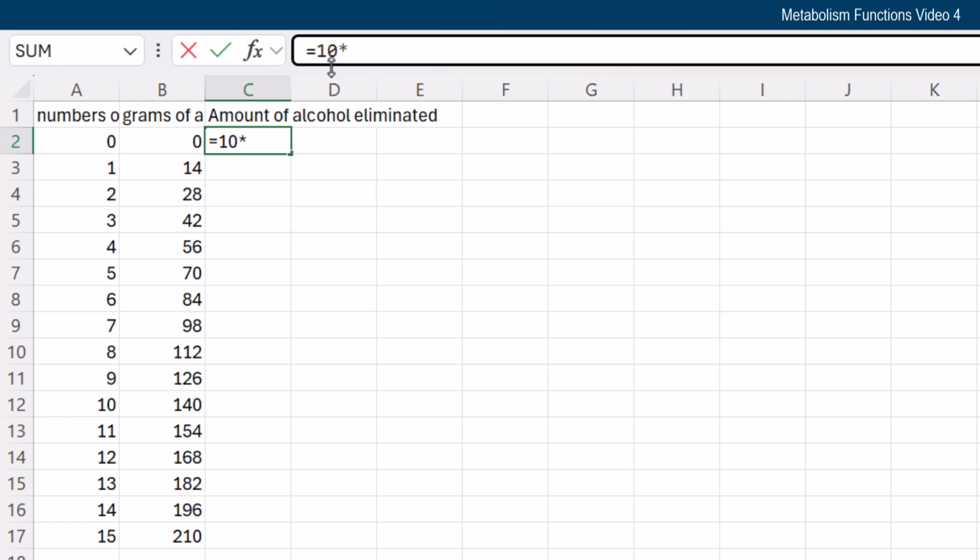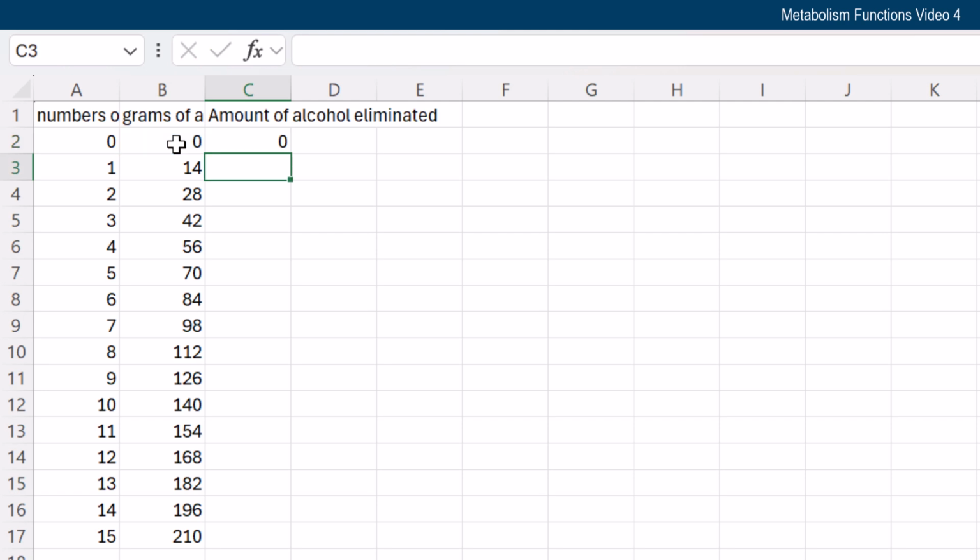So equals 10 multiplication symbol times our A value, which is the number of grams, divided by, open parenthesis, 4.2 plus, again, we're going to click on the number of grams because our denominator is 4.2 plus A. And then we're going to close off that parenthesis and then hit enter.